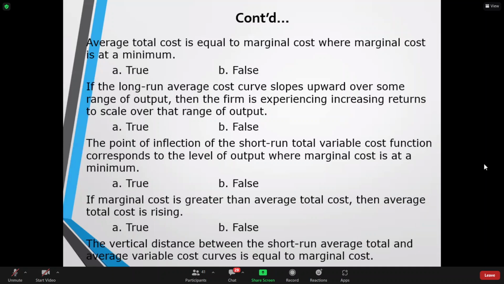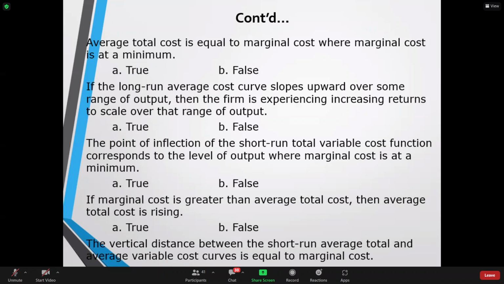Average total cost equal to marginal cost, where the marginal cost is at minimum. This is where you people are making mistakes. This is the way you read the question mostly. See, average total cost equal to marginal cost, right?